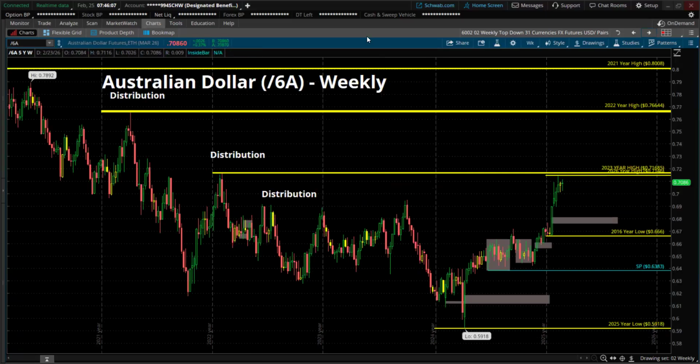Australian dollar. This is one of the many nations that are heavily weighted towards commodities. The United States is very diversified, from agricultural commodities to technology and other sectors, where certain countries are much more heavily weighted towards certain industries. Australia, New Zealand, Canada represent a large percentage of commodities: energy, crude oil, natural gas, coal, metals, gold, silver, copper.